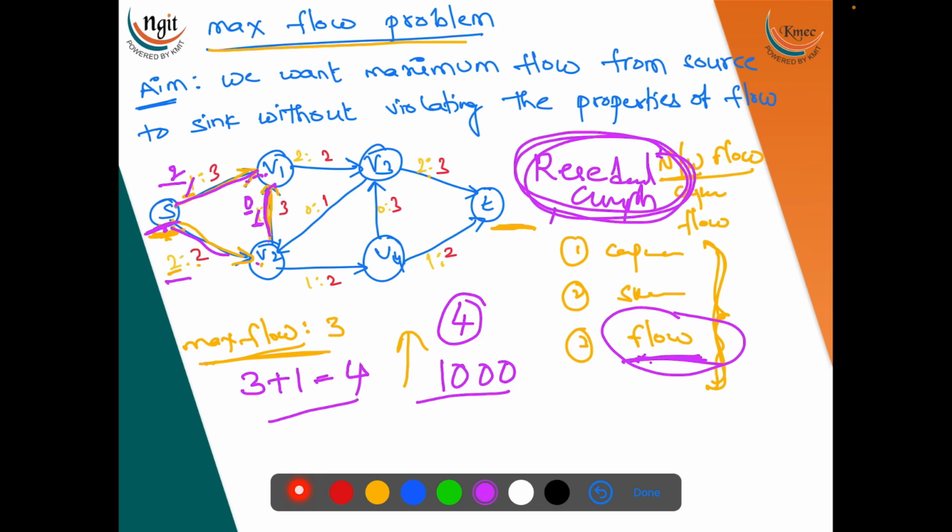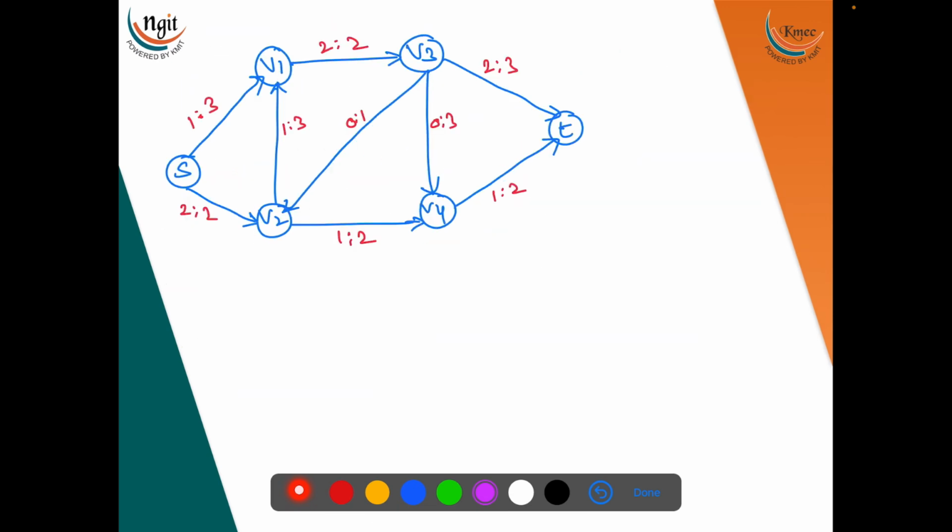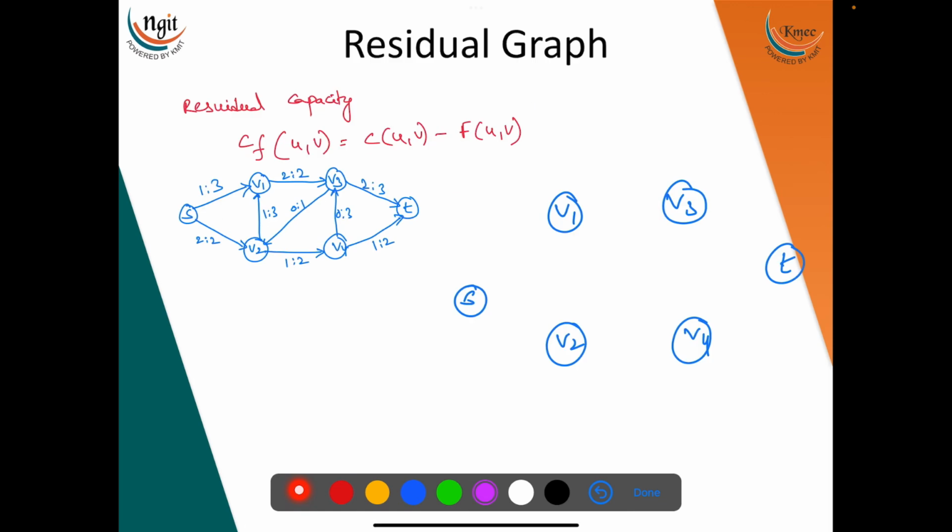The residual graph talks about residual capacity. The residual capacity is calculated with a formula, which we will see. We will calculate the residual capacity of each edge and find the augmenting path.